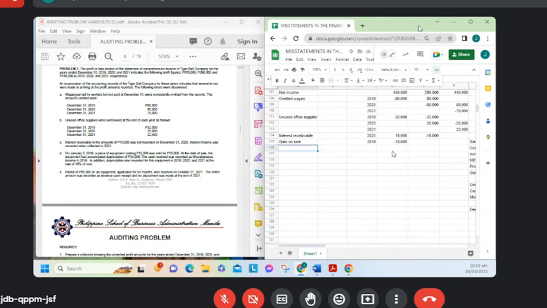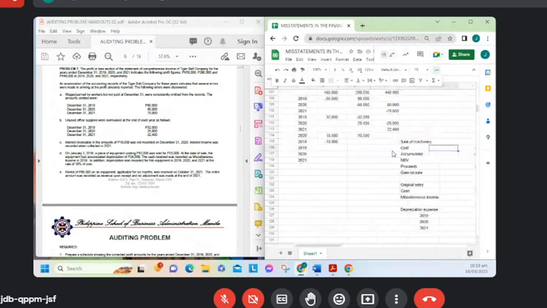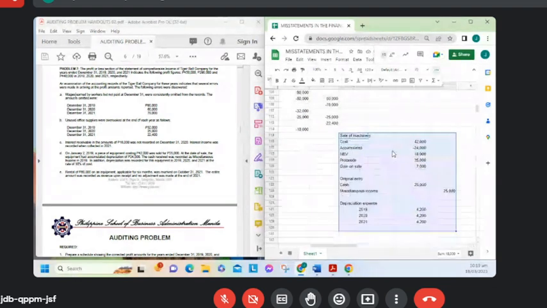There's a depreciation expense from 2019 to 2021 kasi it was already sold, but the company continued depreciating, no, the equipment.